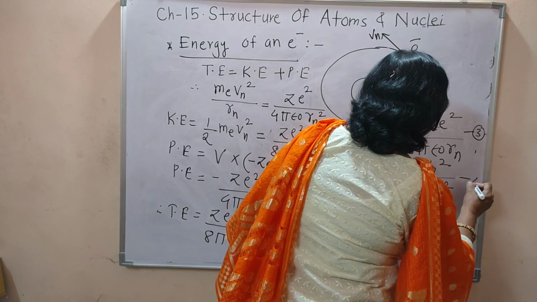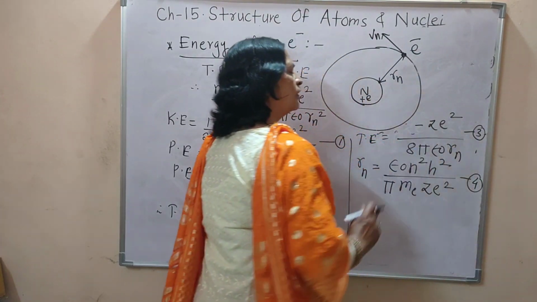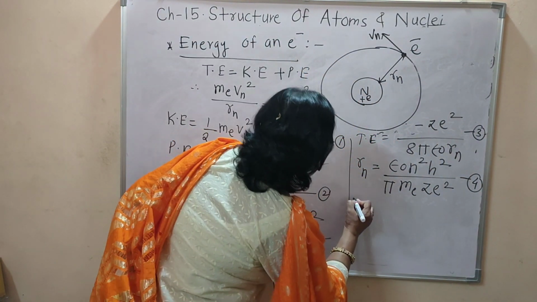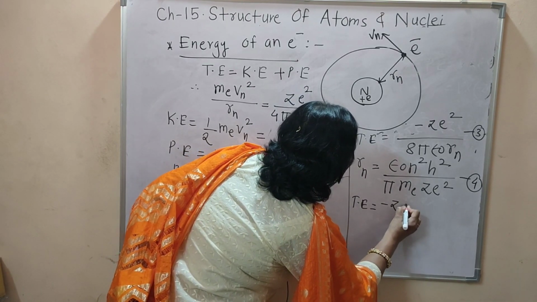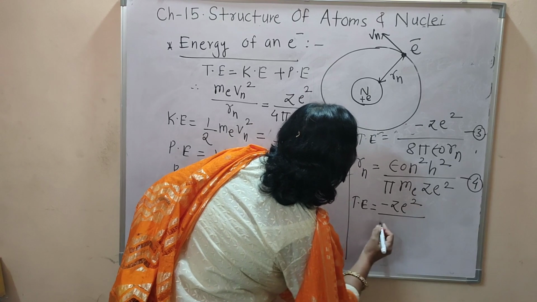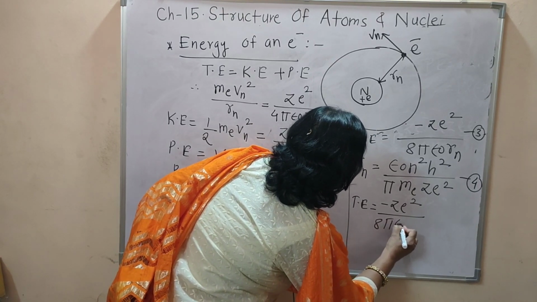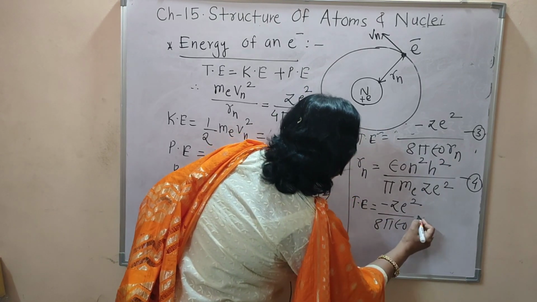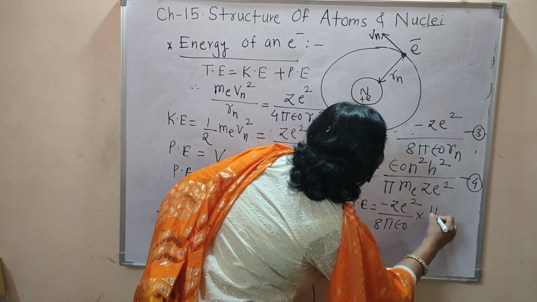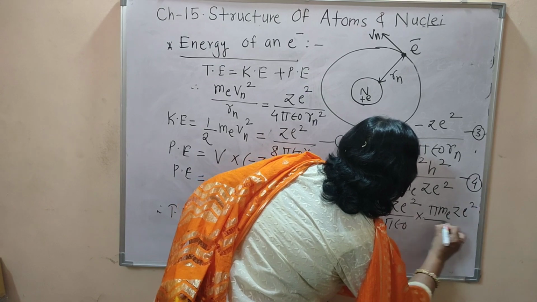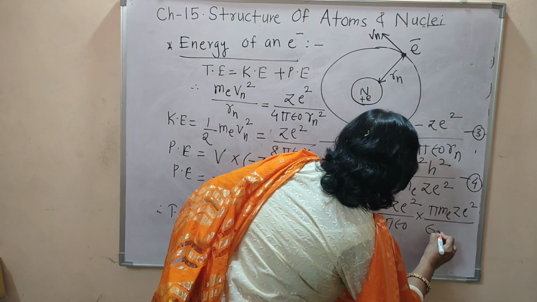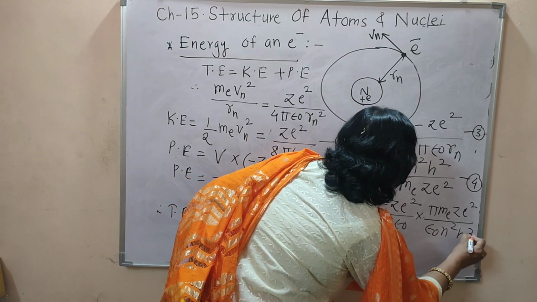Now if we substitute equation 4 in equation 3, we can write the total energy as minus Ze square divided by 8 pi epsilon naught, times 1 by Rn, which becomes pi me Ze square divided by epsilon naught n square h square.